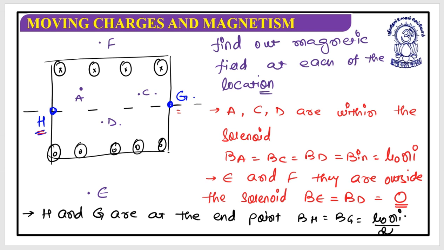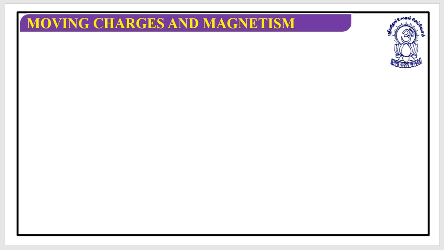Magnetic field outside is always zero. Magnetic field at A, C or D, irrespective of distance, is mu naught into Ni. And magnetic field at location H and at location G is just mu naught into Ni by 2. I hope these things are clear. Are there any doubts on this? No? Great. So ready for the next question?